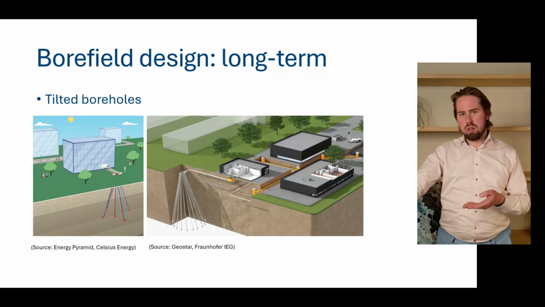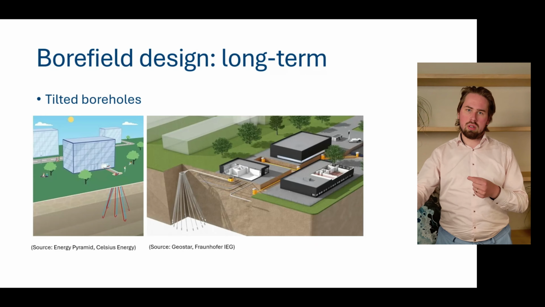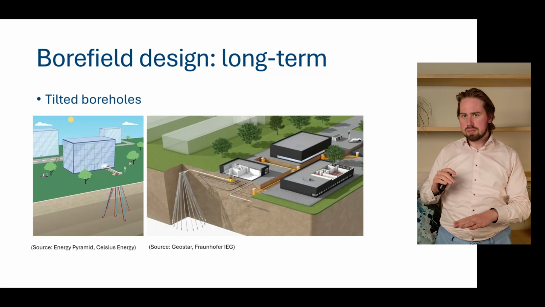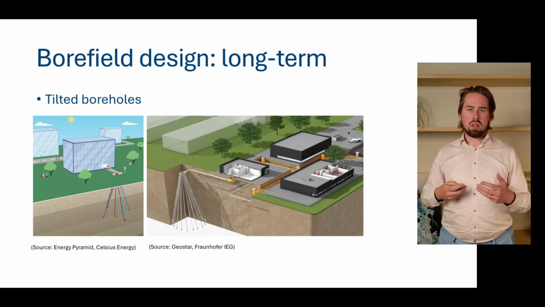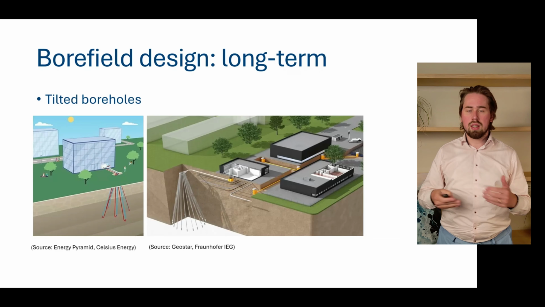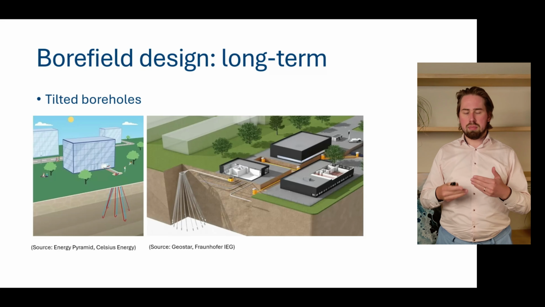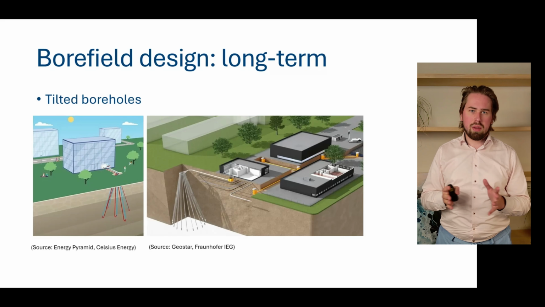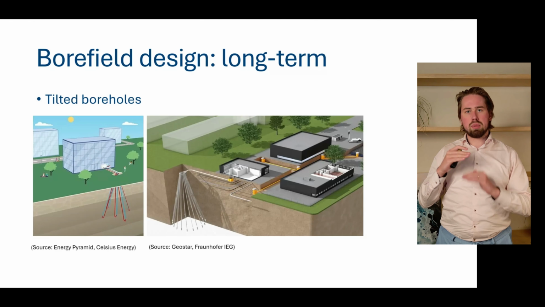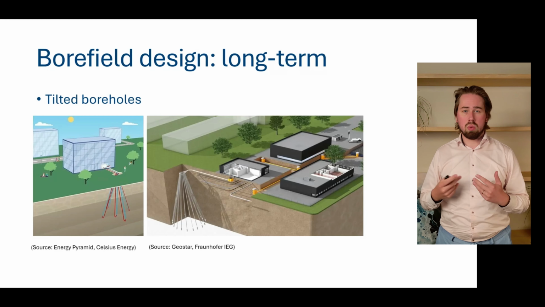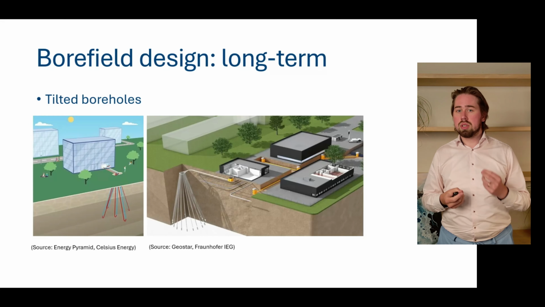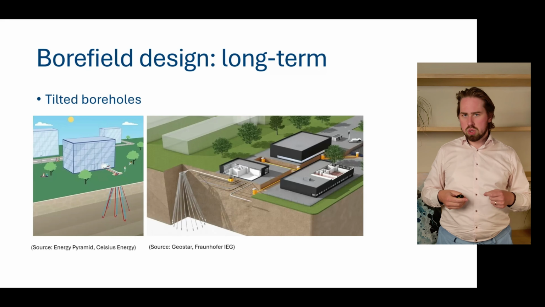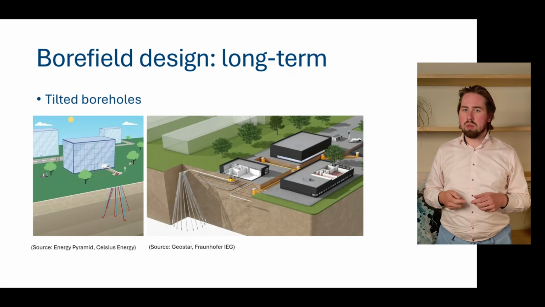However, if you drill under an angle, you can have a longer heat exchanger for the same borehole depth, which is also good for your short-term effects, because as we discussed in part 2, if we have more borehole meters, also the short-term effects will be smaller and your fluid temperature will be closer to your borehole wall temperature. So tilted boreholes is also a potential problem solver when it comes down to working with imbalance.